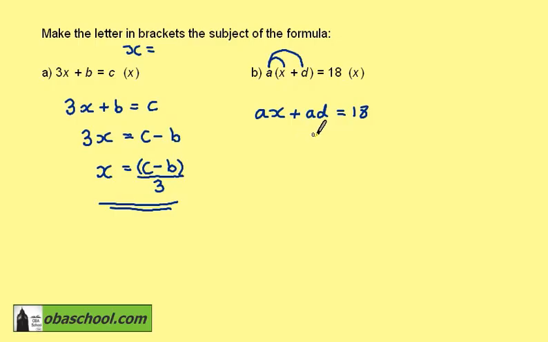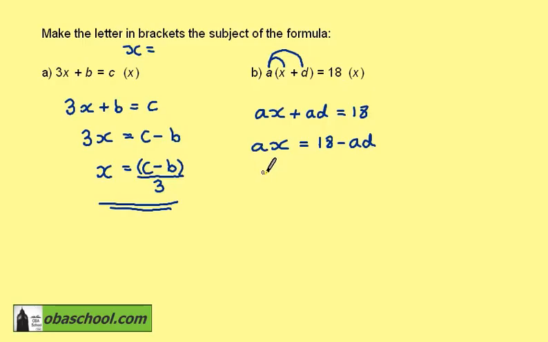Taking away a times d from both sides leaves just ax on the left, and we get 18 take away ad on the right.